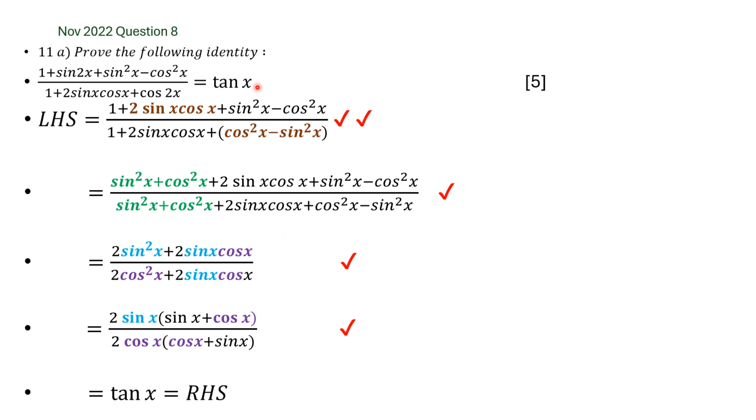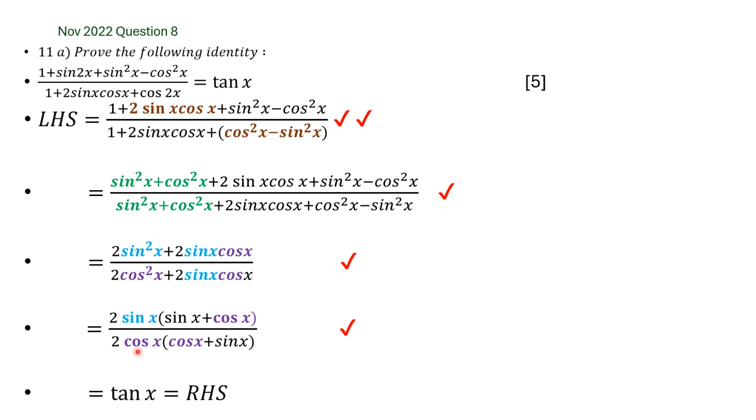They want tan x, so I know I need to work to having sine x over cos x. So on the top, if I take out the common factor 2 and sine x, sine squared x divided by sine x gives me sine x. There, cos x. So what stays behind? 2 sine x cancel. The bottom, I take out 2 cos x as a common factor.